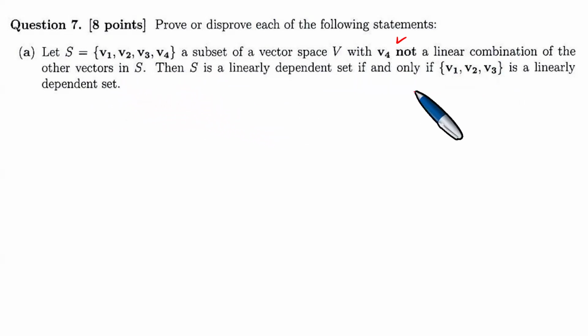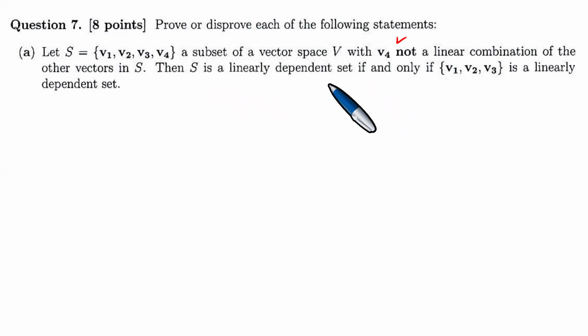So now this is very important: V4 is not a linear combination of the other vectors. What does it mean about linear independence? We'll discuss that. There is an inference about linear dependence. Then S is a linearly dependent set if and only if V1, V2, V3 is a linearly dependent set.